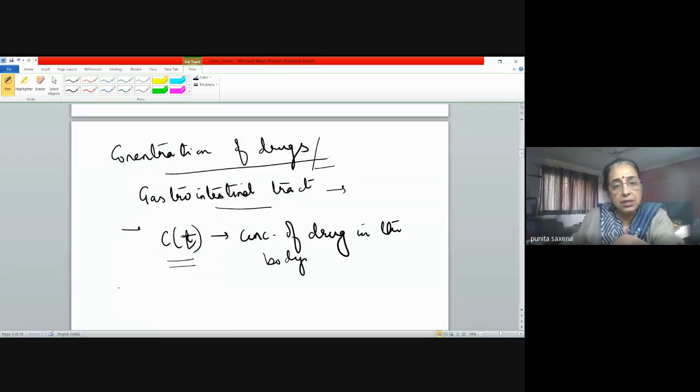Initially we had C naught amount of concentration, like we took an antibiotic of 400 mg, so it goes into our body and has some initial concentration. After that, as time elapses, it decreases, because it gets used up.